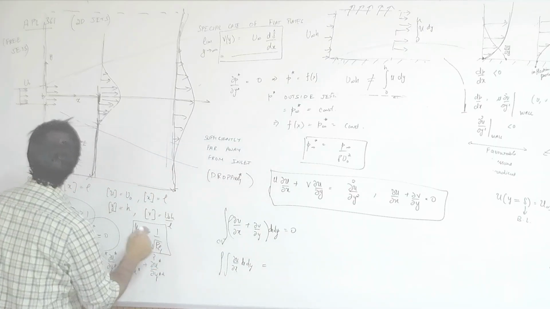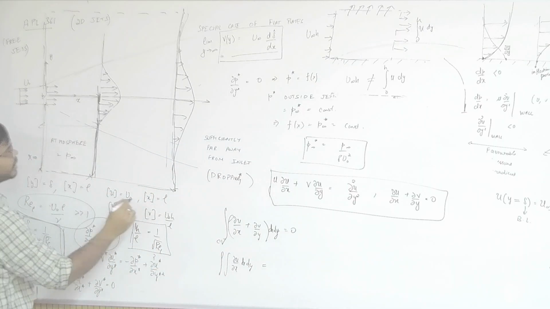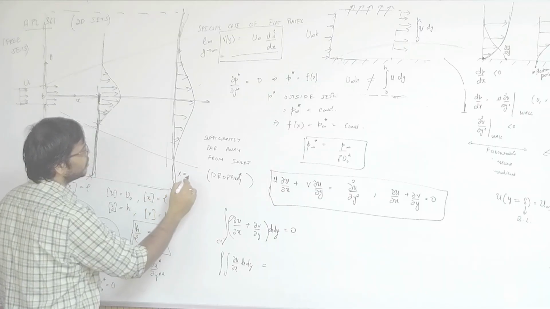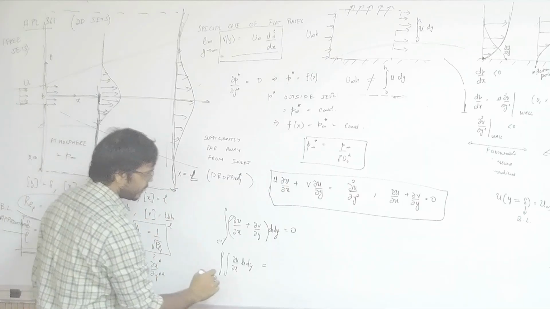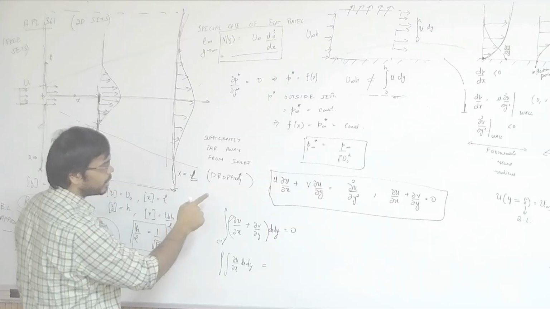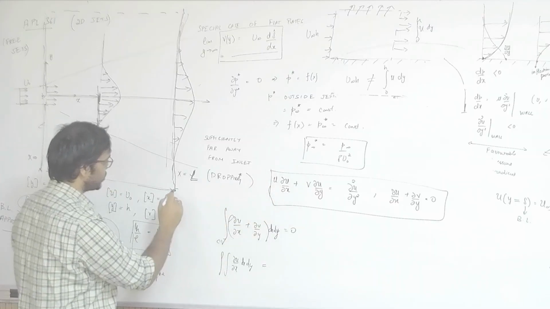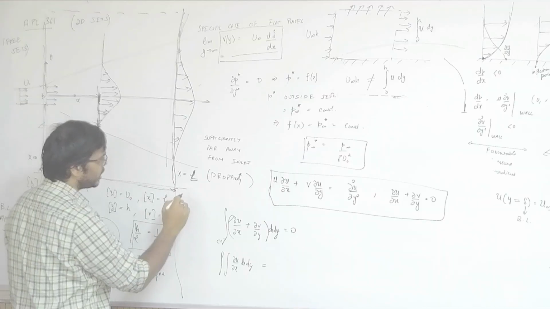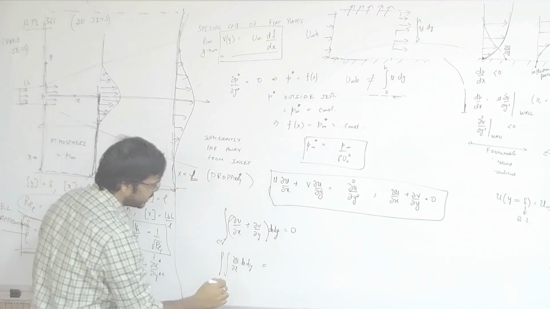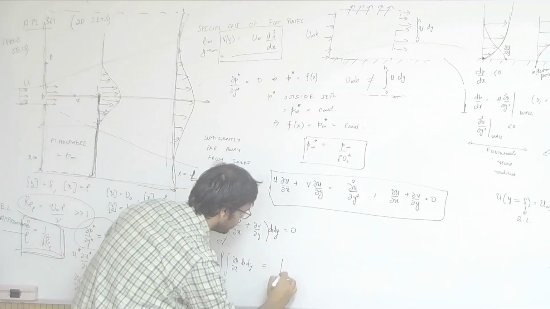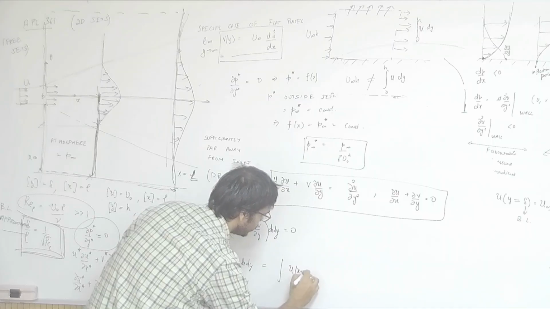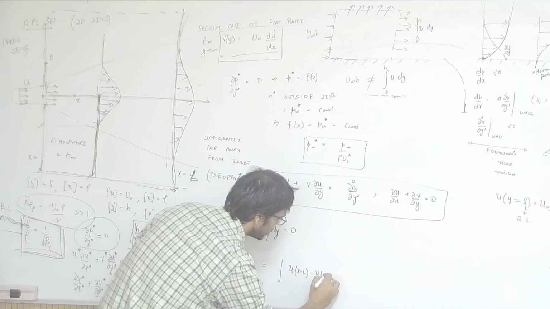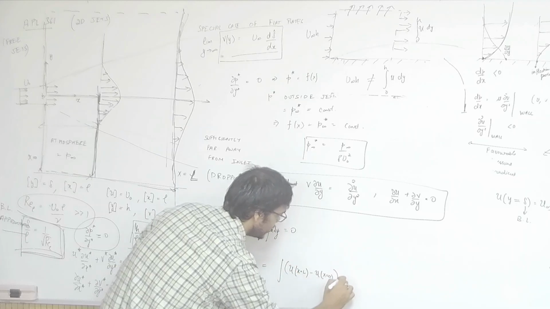Let us say x equal to 0 is here and x equal to capital L is there, all dimensionless because I am dropping the stars. After this point, everything without stars is also dimensionless. So this basically becomes u at x equal to L minus u at x equal to 0, integrated in dy.